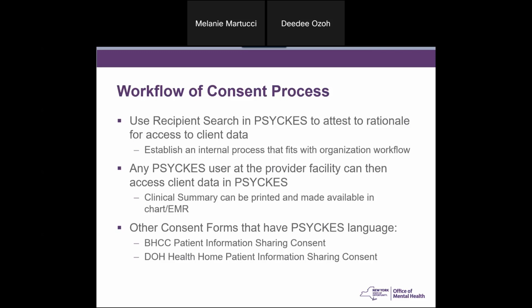Okay, so after requesting the token, it may take up to 48 hours for OMH Security to process and send that out to you. If you want to check on that status after 48 hours, you can either email our PSYCKES Help Desk, who can reach out to the OMH Help Desk on your behalf, or you can email the OMH Help Desk directly at healthhelp@its.ny.gov.